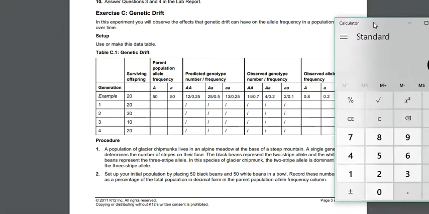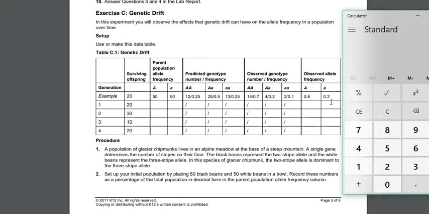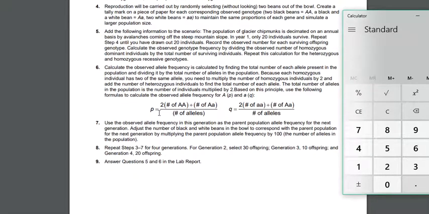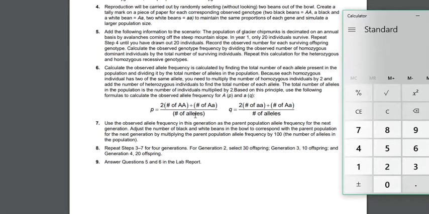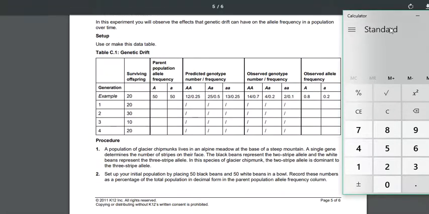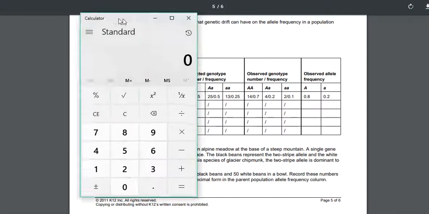bag. And then we have our observed allele frequency over here, which is calculated in the same manner, but we have to use the equation given to us on our table. So if we scroll down, here's the equation we're using for that. In order to calculate it, we need to follow that equation.